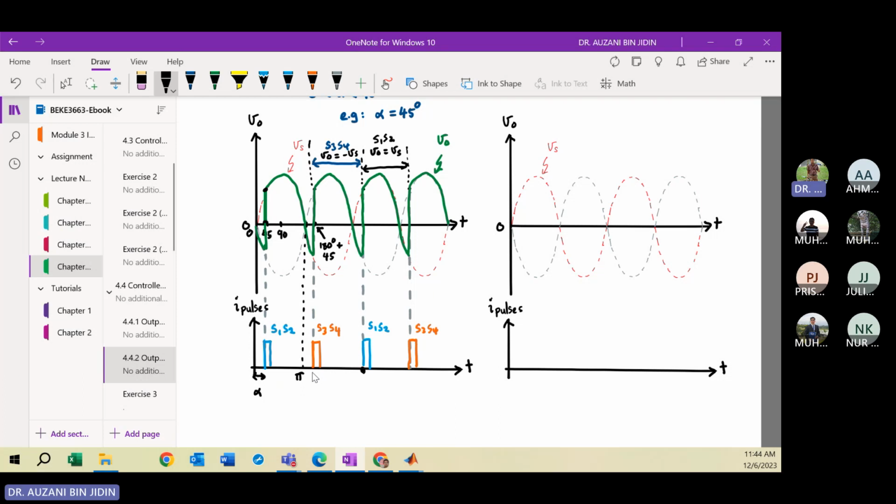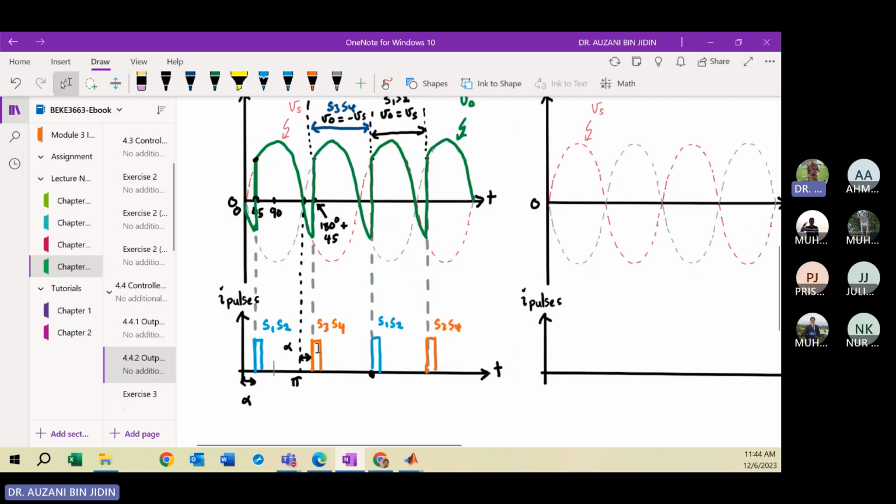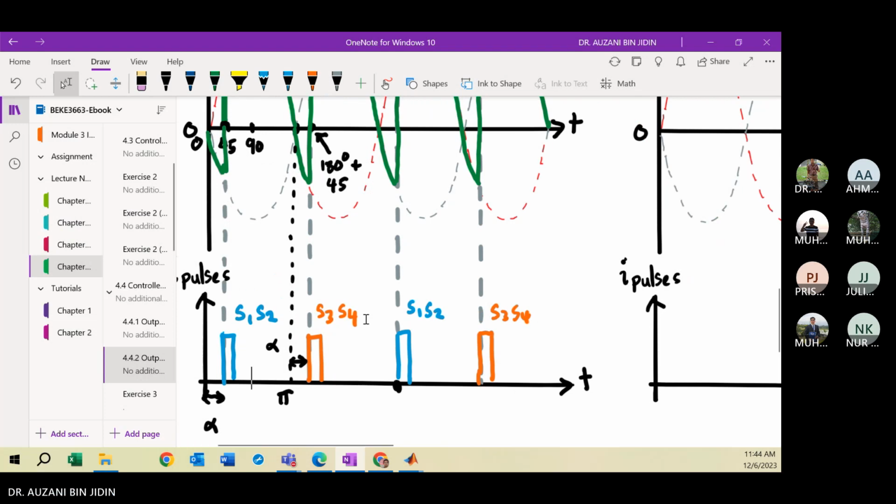Then this point, the same gap here, is alpha. So this point will be pi plus alpha. Please understand how to design the current pulse.